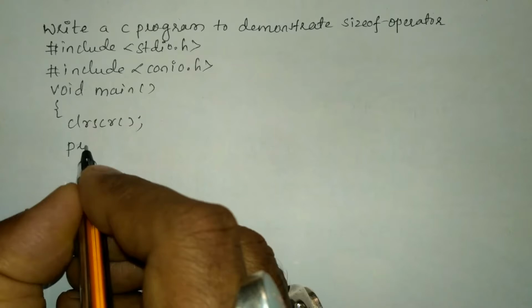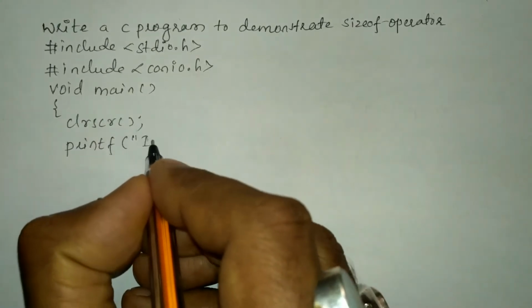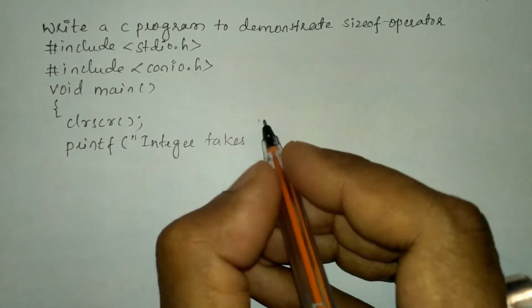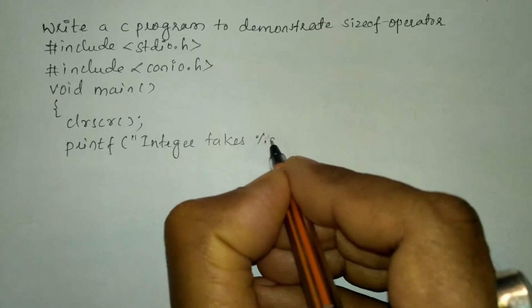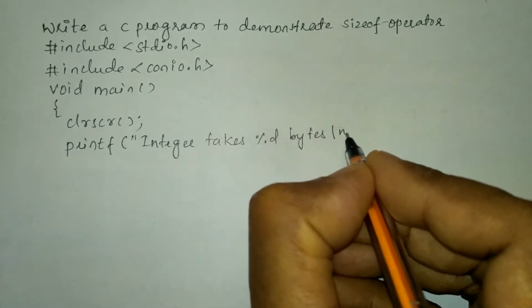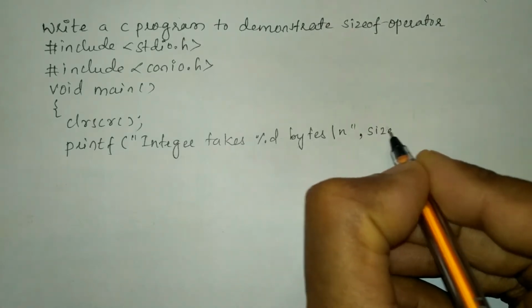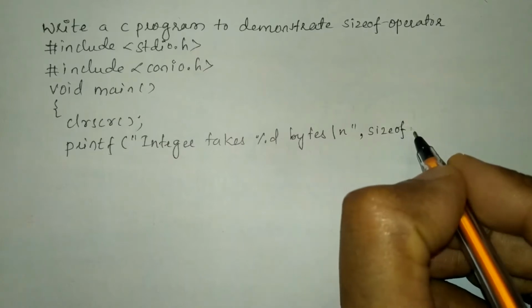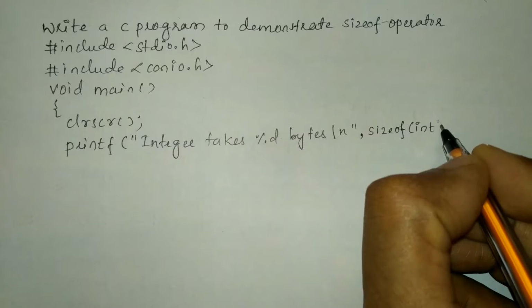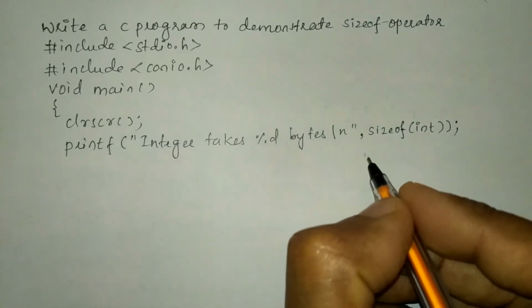Next I'm going to write a printf statement, and inside this in double quotation marks I'm going to write "Integer takes %d bytes \n", and put a comma, and then you can use the sizeof operator, and inside this I'm going to pass the basic data type int, then one more closing brace and put a semicolon.